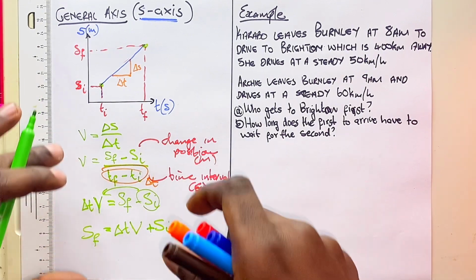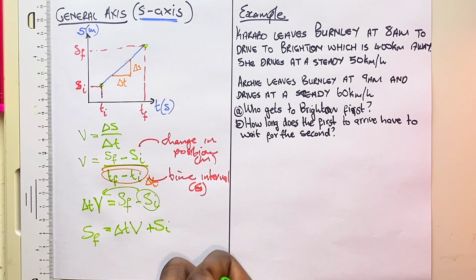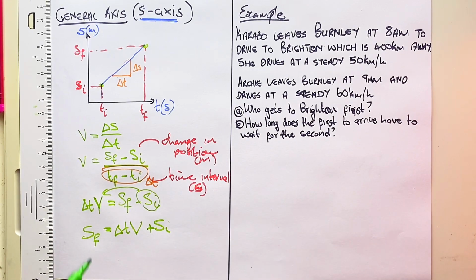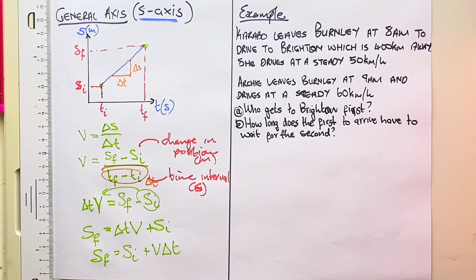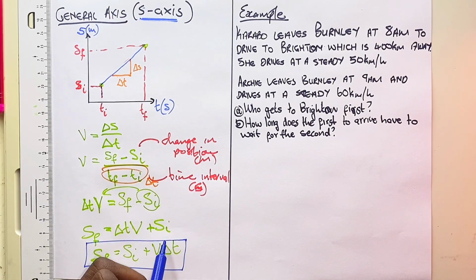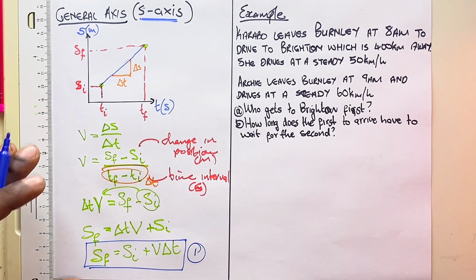Now for people who already know the equations of motion, you will start to notice which formula this is. So I'm going to rearrange it and say SF is equal to SI plus V delta t. This is called an equation of motion. It will be our equation number 1 as we go down the equations.